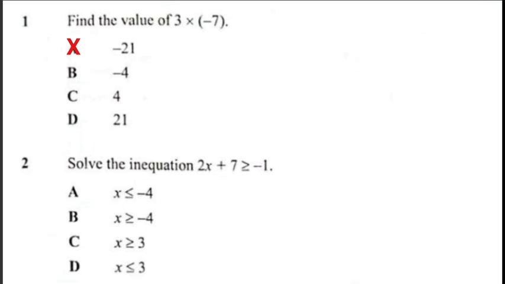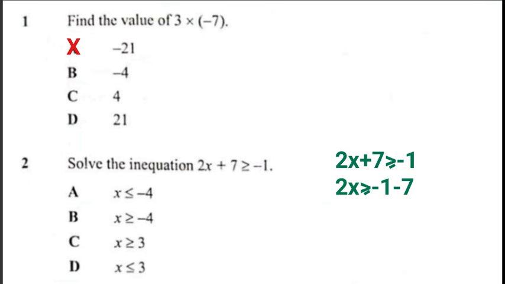Okay, we go to question number 2. Solve the equation 2x plus 7 is greater than or equal to -1. What we need to do is rewrite this here. First, we're going to put like terms together. So we're going to have 2x is greater than or equal to -1, then 7 will cross the equal sign and become a negative: -1 minus 7.